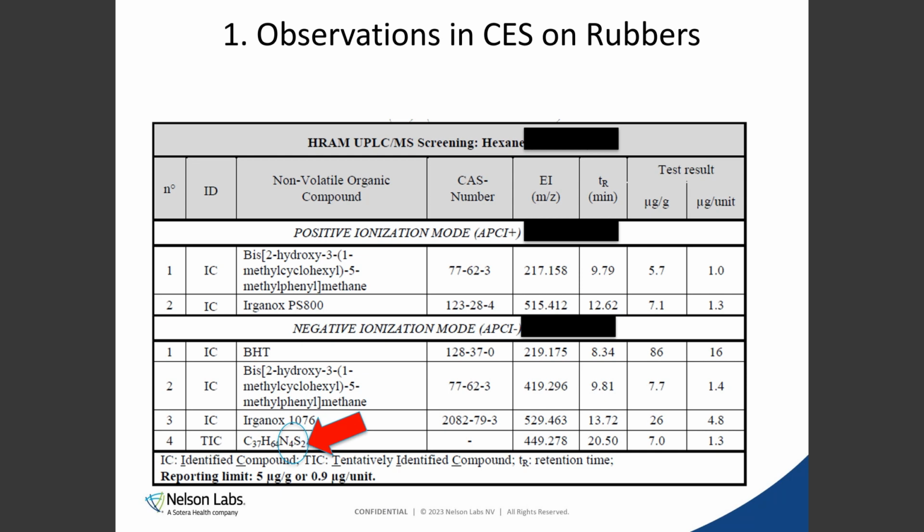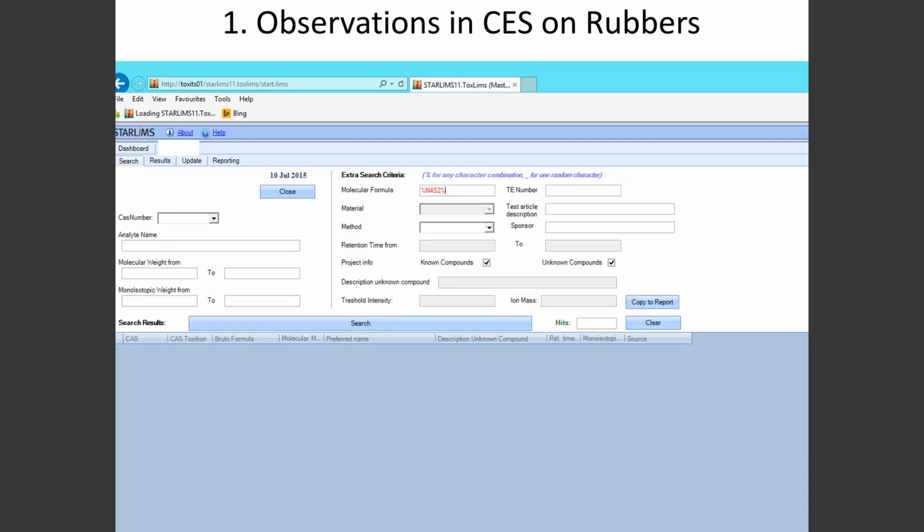You see a typical fragment, that N4S2 part. We have spotted that in the past in former studies, so it can be linked to one of the compounds we already know.